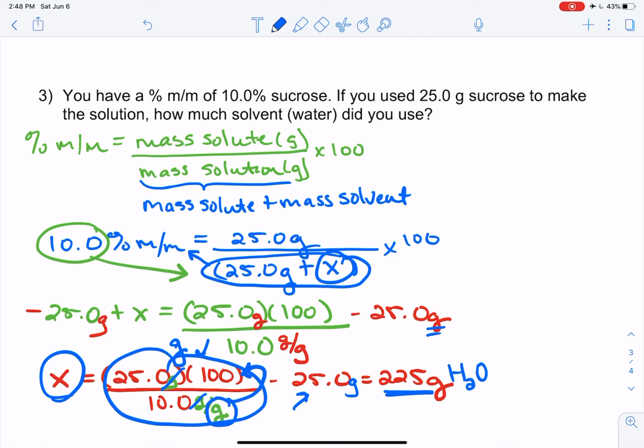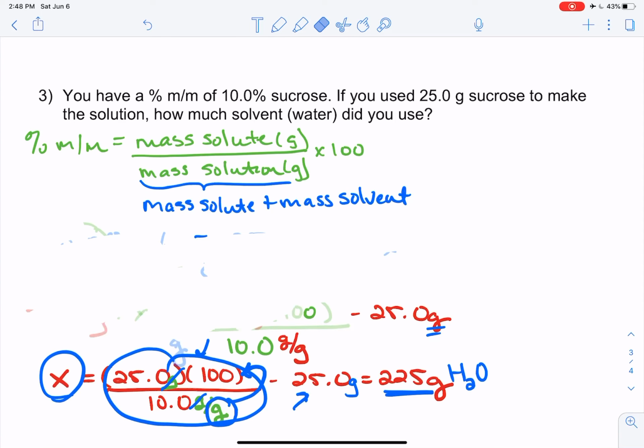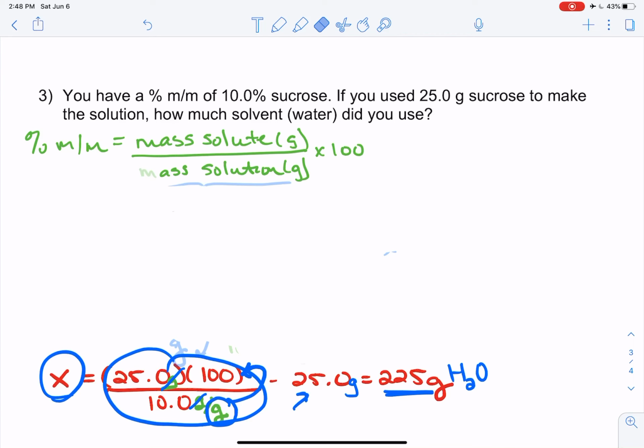And if you wanted to check yourself, what you would do is you'd say, okay, let me erase a little bit up here so I can give us some room. If we wanted to just make sure that our answer makes sense, let's see if we get a 10%.